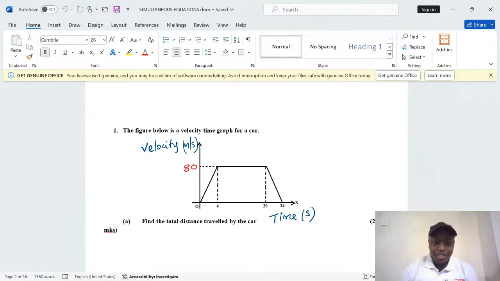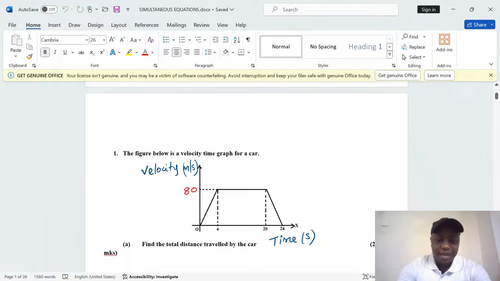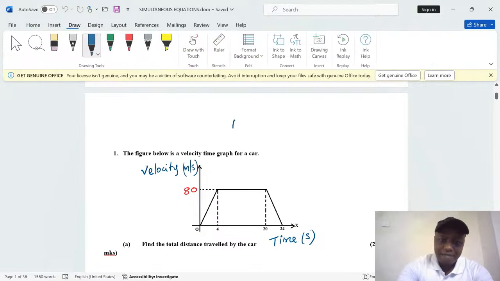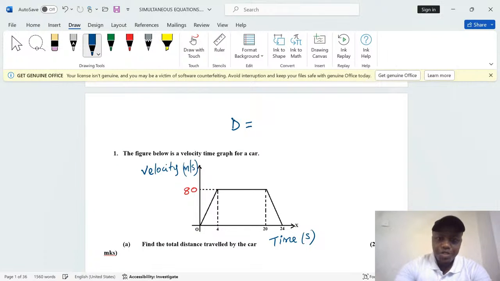The first thing we are told is to find the total distance traveled by the car. A few things you should master is that for a velocity time graph, total distance covered is usually given by area under the graph.